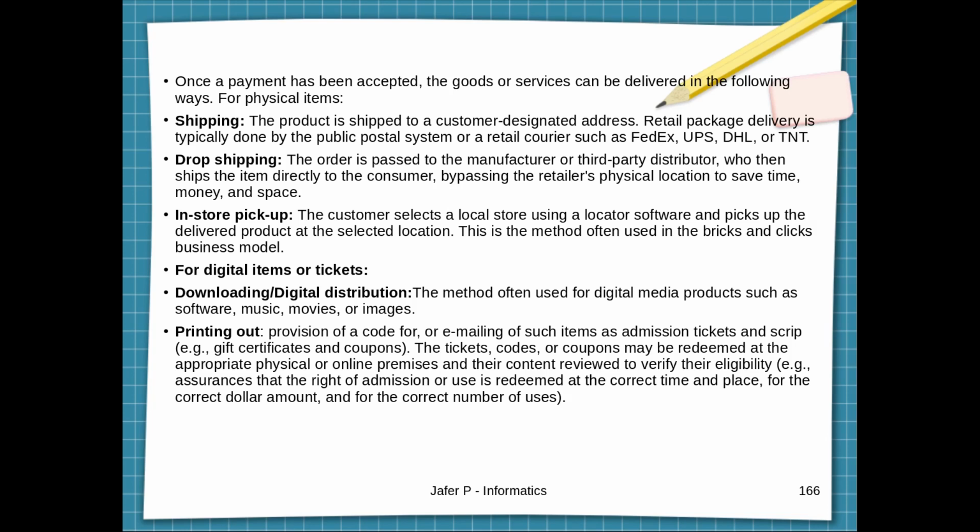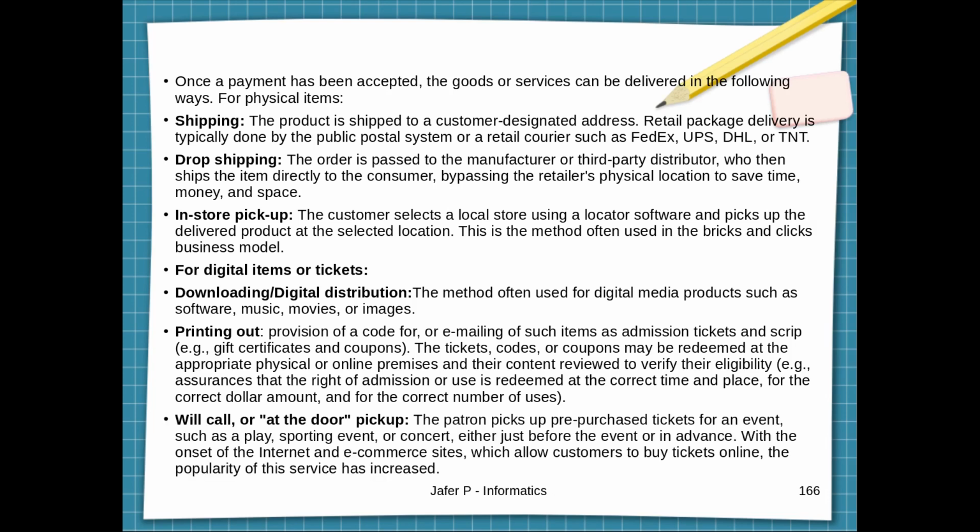That printout will be verified by the respective shop. The shop owner will review and verify their eligibility, right? Okay, so that they will give you the appropriate product at the reduced rate. Okay, that is called printout.